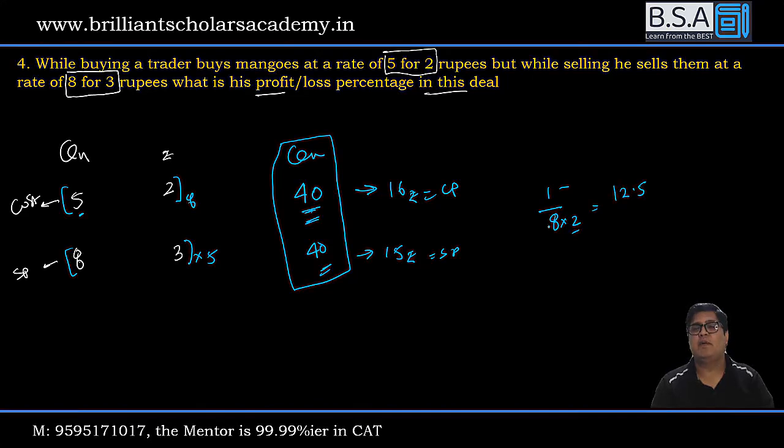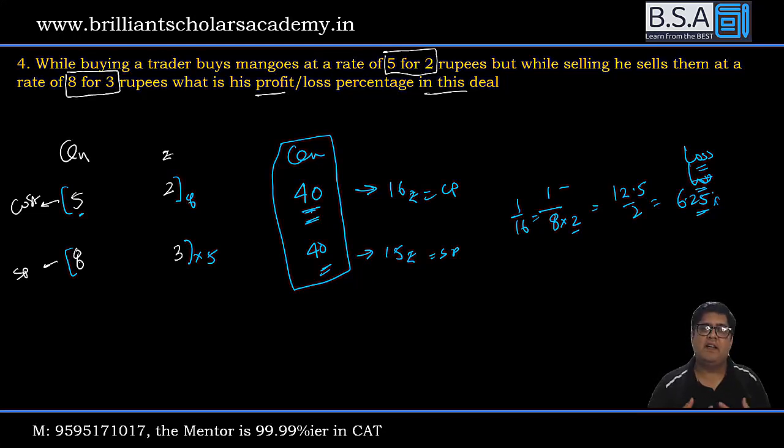Below it there is another 2, this is 1 by 16 basically. So your loss is 6.25%. On this entire buying and selling trade, there's a loss of 6.25%. You have to equate quantities to get the answer in this manner.